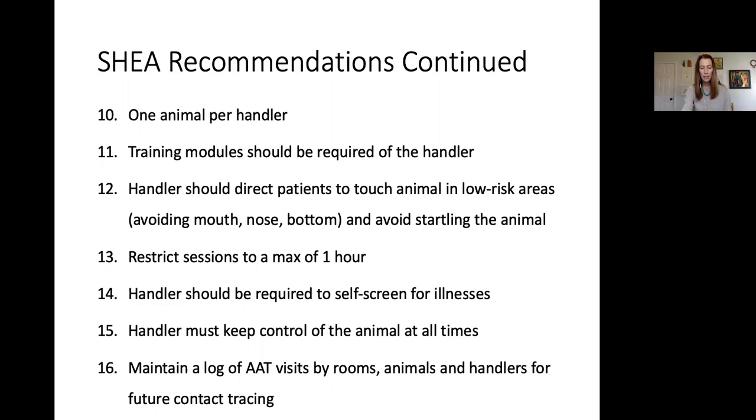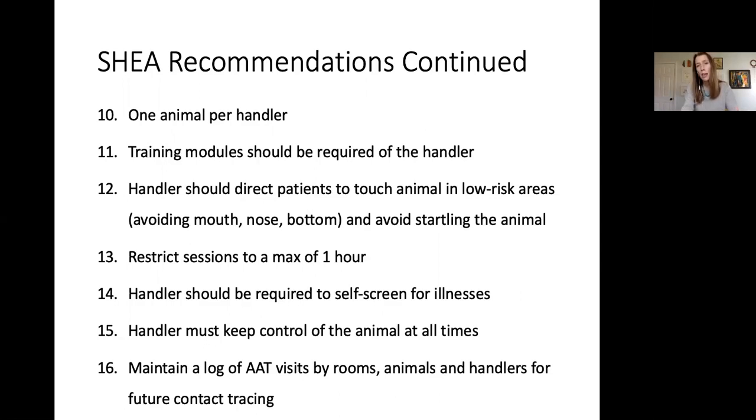Shea recommends that their therapy animal handlers be trained on specific areas of disease prevention and patient safety. This includes zoonotic diseases, hand hygiene, and personal protective equipment, what might be needed to be worn for certain patients that are under different contact isolation, how to safely dispose of animal waste and clean the area, and best practices for examining a therapy animal for fleas, ticks, mites, any kind of ectoparasite like that.